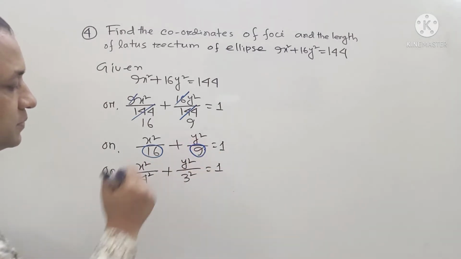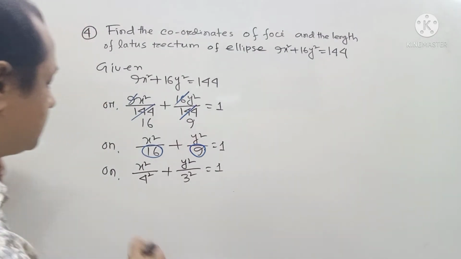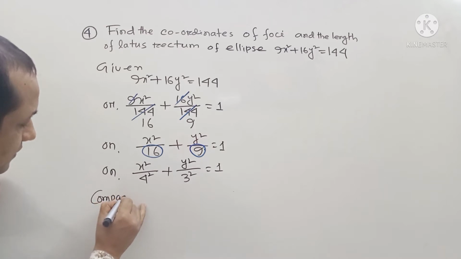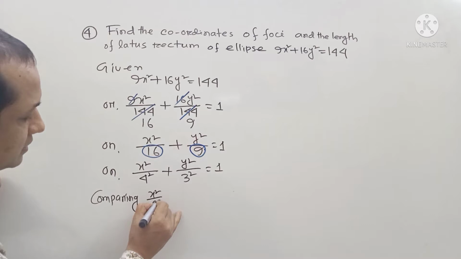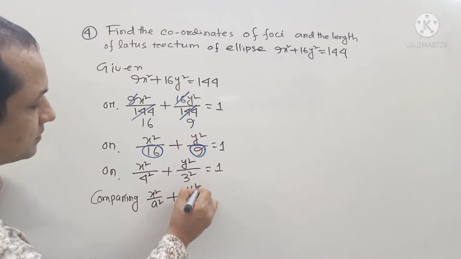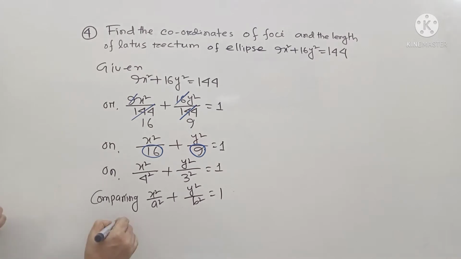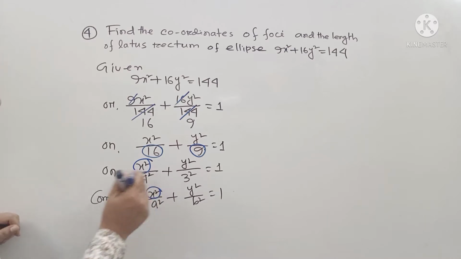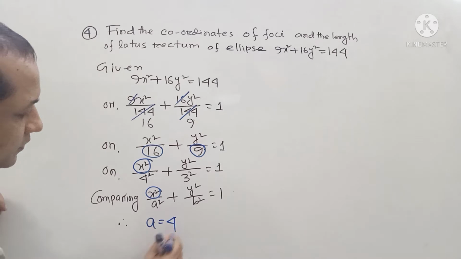Now comparing this equation with x square by a square plus y square by b square equals 1, here x square is the same and a square equals 4 square, so the value of a equals 4.